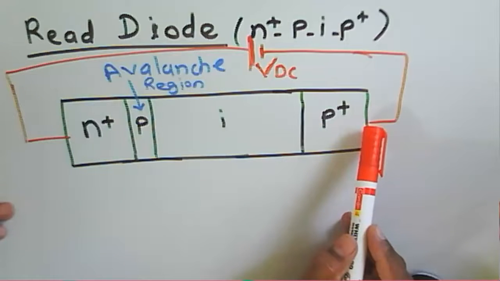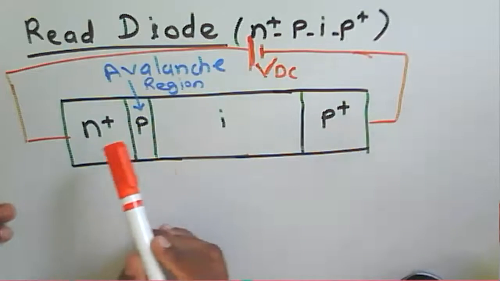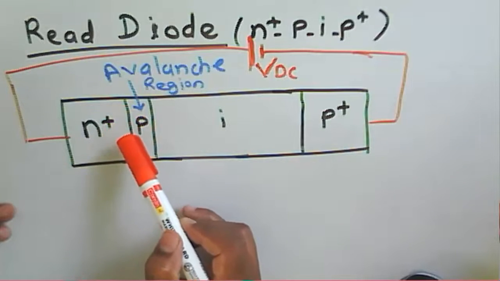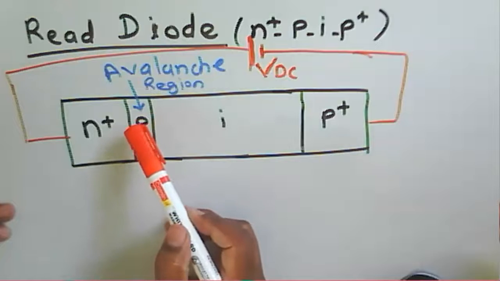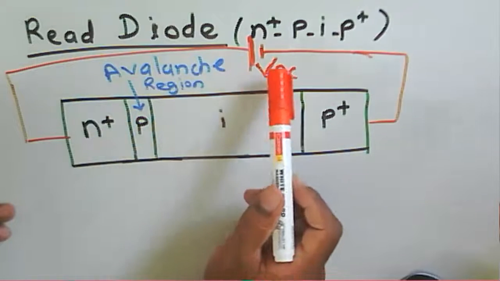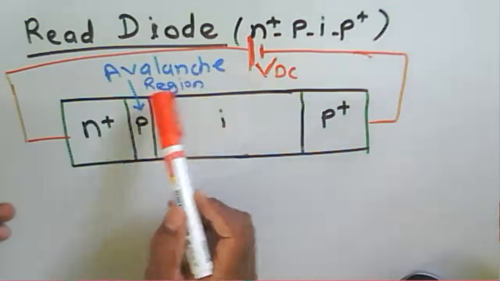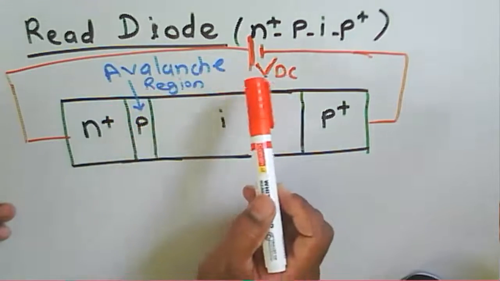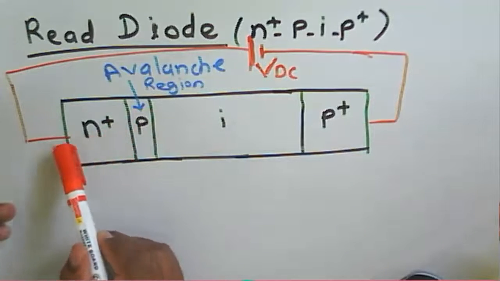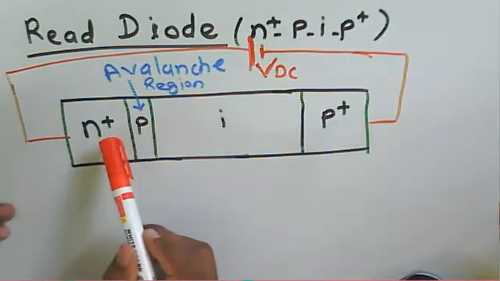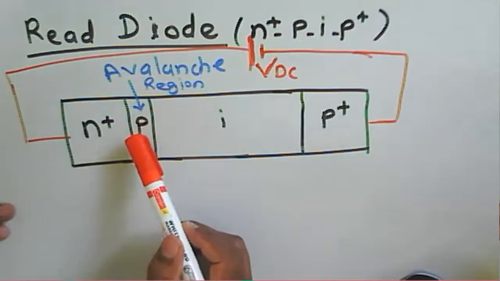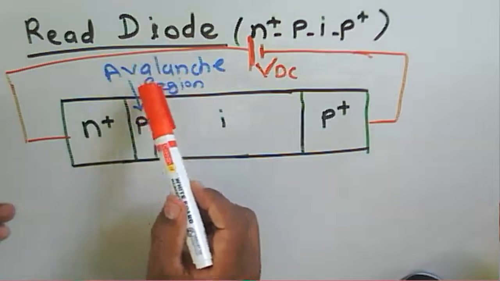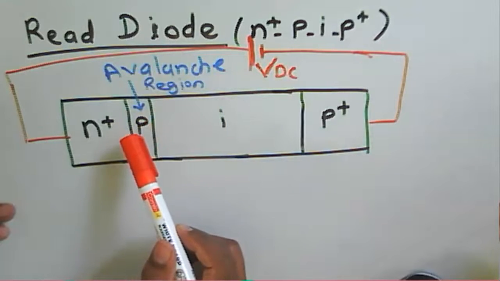Initially at the n plus p junction, both electrons and holes get sufficient energy from the applied DC voltage. So electrons and holes will propagate in this direction, and a large number of holes will be gathered at this particular junction because of the DC voltage we are applying.